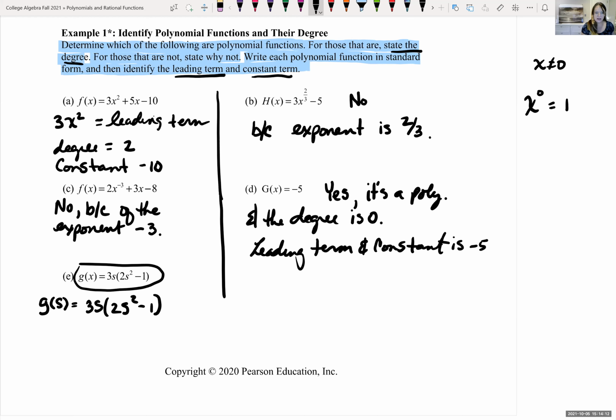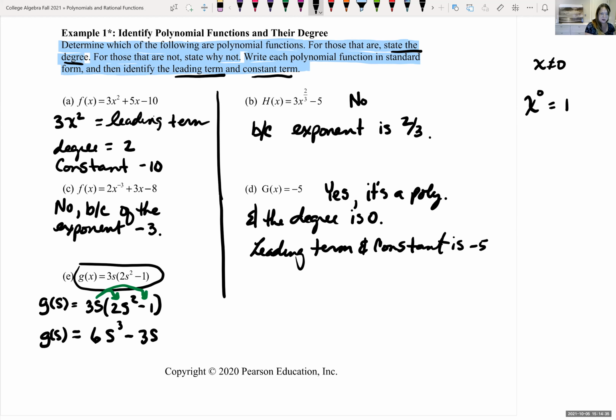Well, it's not quite in standard form. Let's distribute that 3s inside the parentheses. And so 3s times 2s squared is 6s cubed, and 3s times -1 gives us minus 3s.